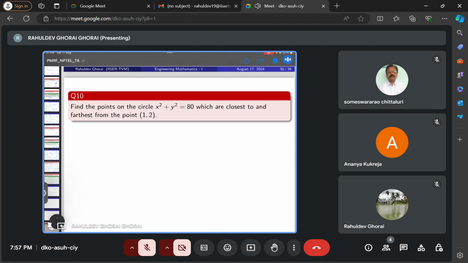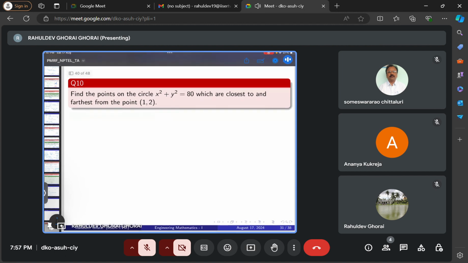For that, what do you need? You need a distance function, right? So this question is reduced to x square plus y square, maximize or minimize this with respect to the constraint x minus 1 whole square, because you have to take the distance from this quantity.